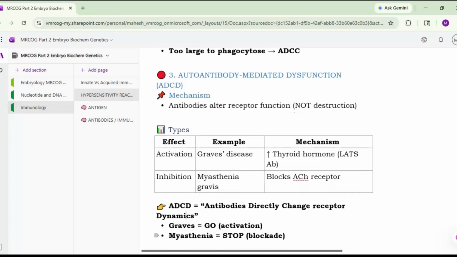So these are antibodies which directly change the receptor dynamics. They may activate it, they may inhibit it. In Graves there is stimulation, that is a go signal, while in myasthenia gravis it gives a stop signal.